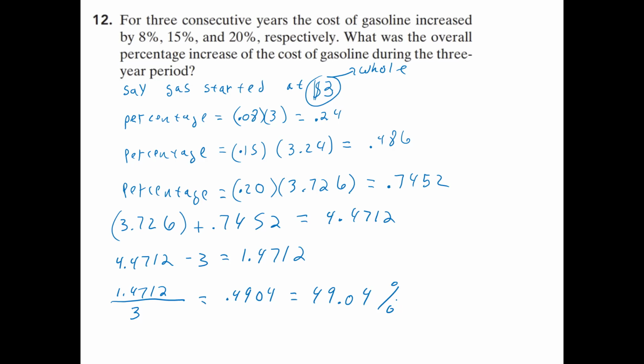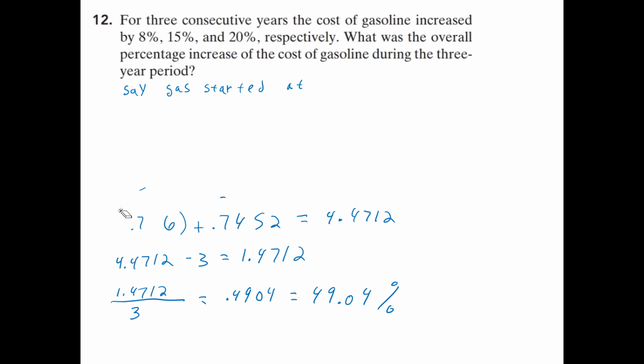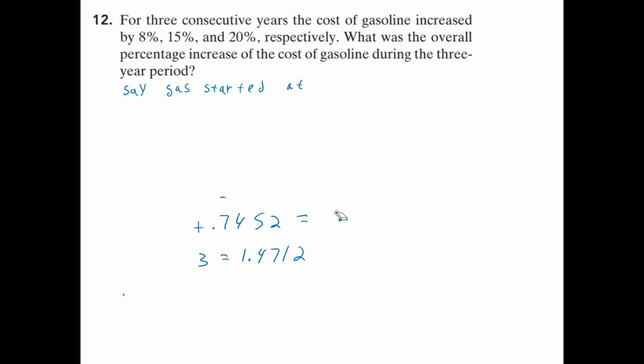And instead of $3, I'm going to say it was P. Probably should have paused the video, but I'm almost done. So let's do the same thing all over again, except now, say gas started at P, right?